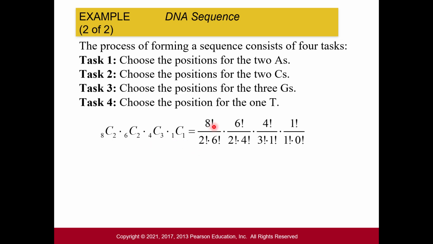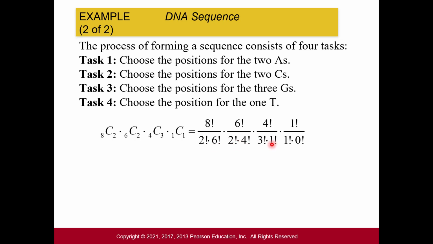If we use our formula, notice what we have. Our numerators were our position choices, and our denominators were what we chose, the number 2 in this case for the first one, and then our position number n minus what we chose. So that's where 6 came from. It was 8 choose 2, or 8 minus 2.